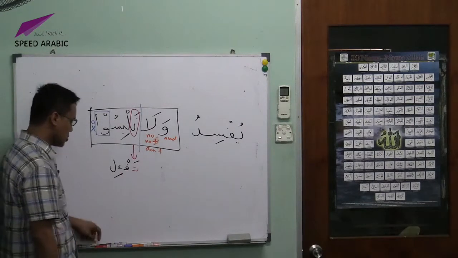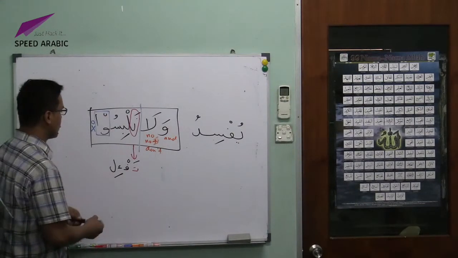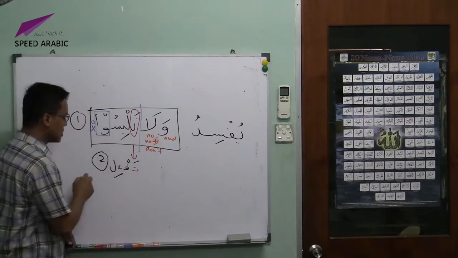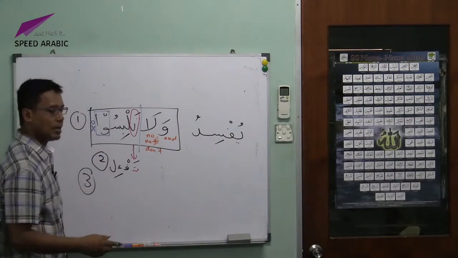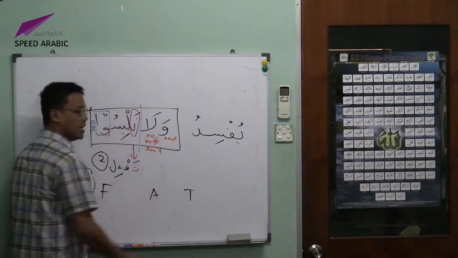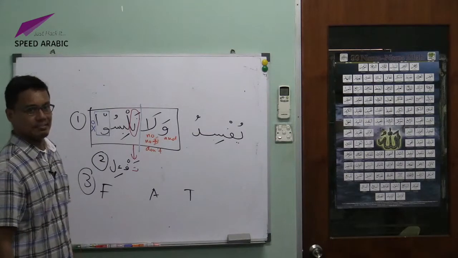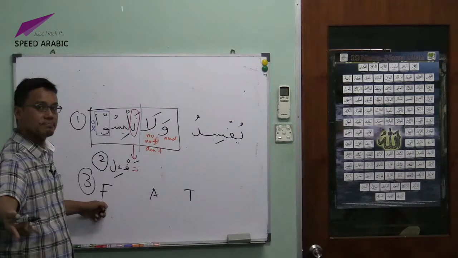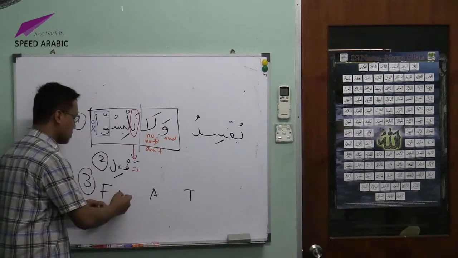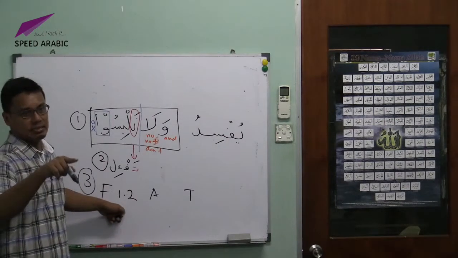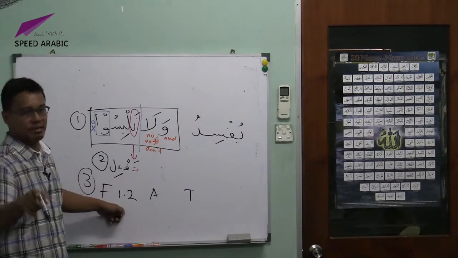This is the second step and this is the first step. For the third step, you need to get the form, activeness, and tense. For the form, you go to the form hacker. What number is it? 1.2, because the ya can be hamza, nun, ya, and ta.